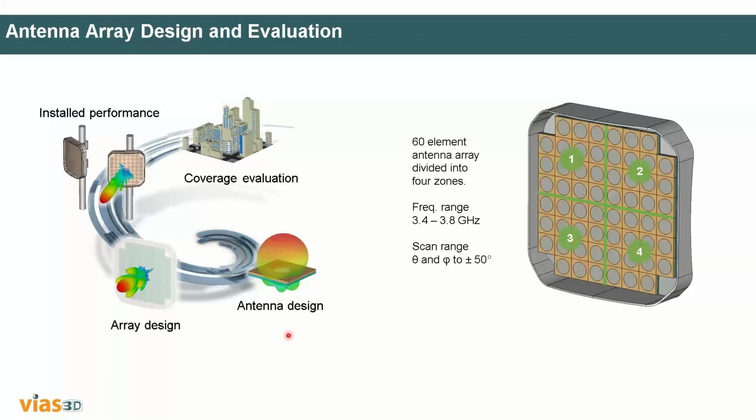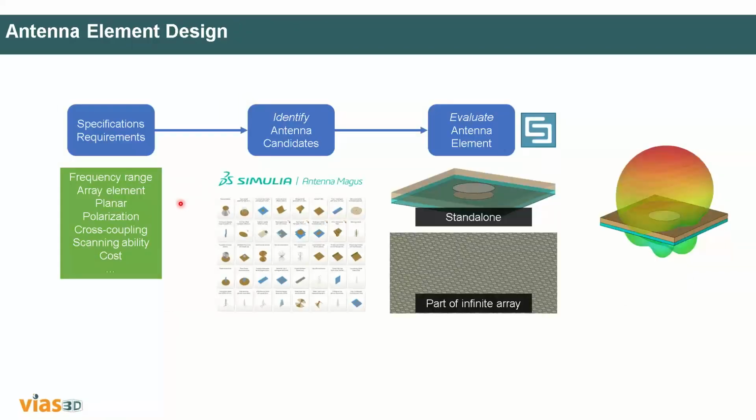Now the antenna array. Here, whatever study we are doing includes a 60 element antenna array, which is operating around the 5G frequency. And what we are going to do is discuss the four different methods for antenna array analysis. One is the unit cell approach. The second one is the full antenna array with sequential excitation.